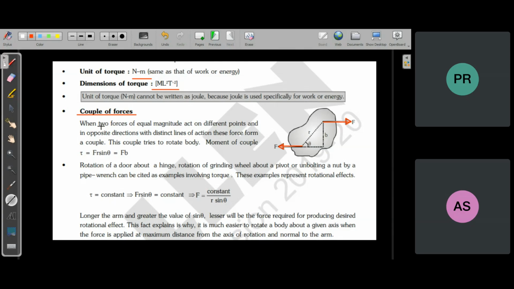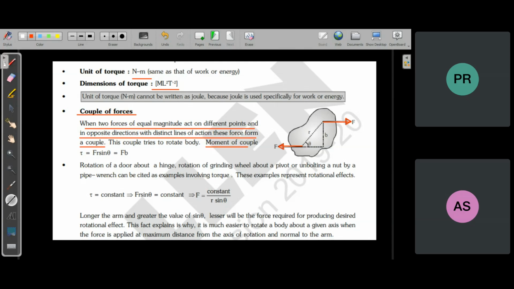So a couple of force is simply two forces of equal magnitude acting at different points on a body in opposite direction. If they act at the same point, then that is not called a couple.